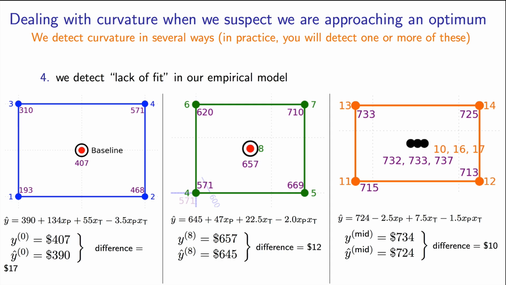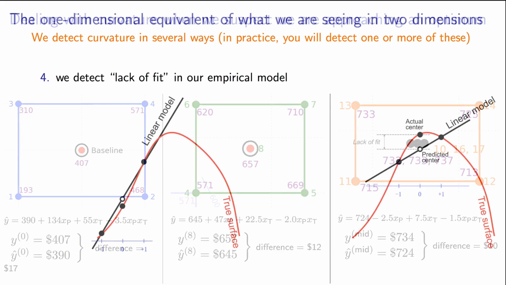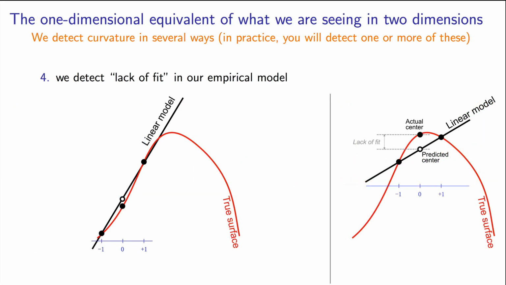That's a difference of $10, which when compared to the largest effect of 7.5 and to the level of noise of about $5, indicates an important deviation in the model versus the actual surface that we're on, at least in the center. So if we're getting large deviations at the center, we cannot hope to get good predictions outside of the range of the model. And good predictions are essential to optimize in the correct direction.